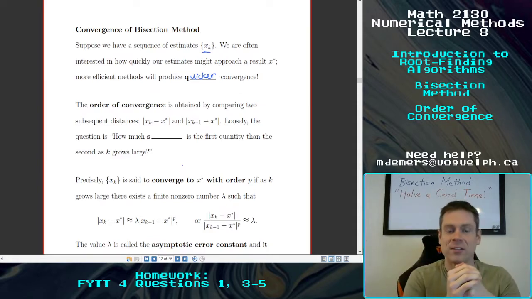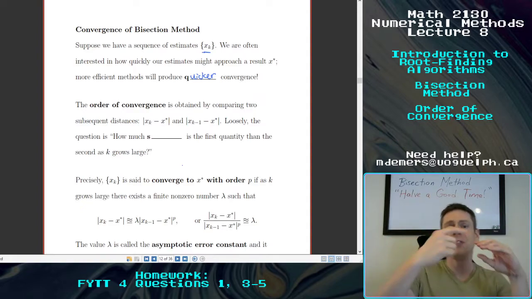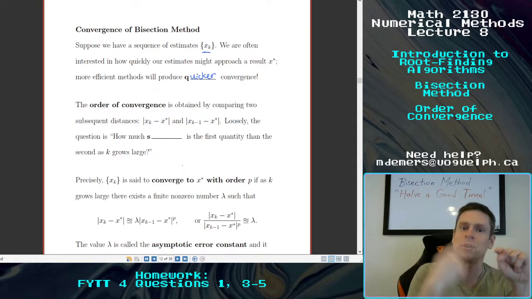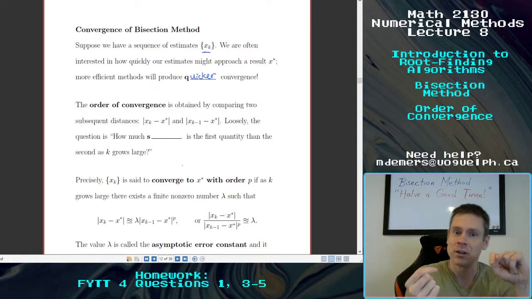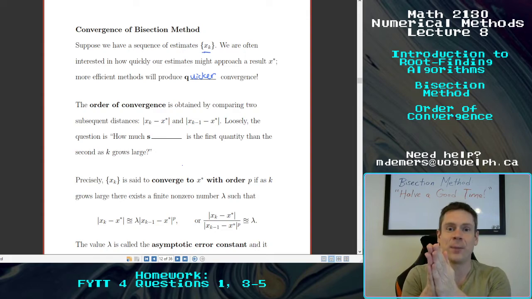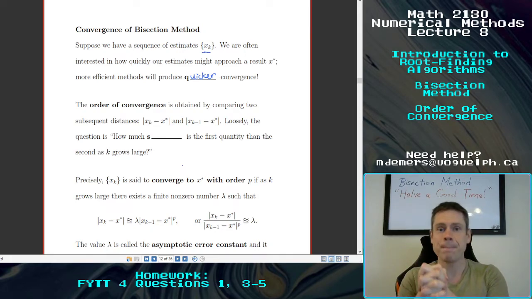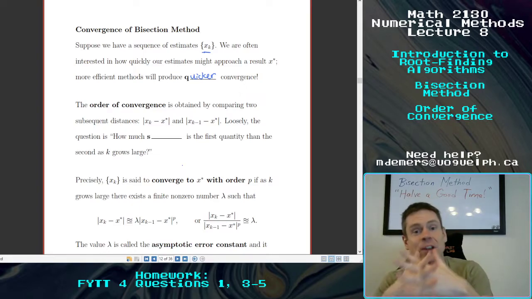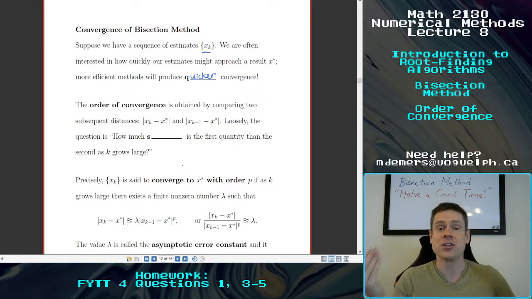Okay, to be precise, the order of convergence is a measure of this quickness that's obtained by comparing 2 subsequent distances. Let's think about this. All of the x_k's in that sequence of estimates should be getting closer and closer to the final estimate, what you're getting close to. Those should get so close eventually that that distance shrinks to 0 if they converge to a solution.